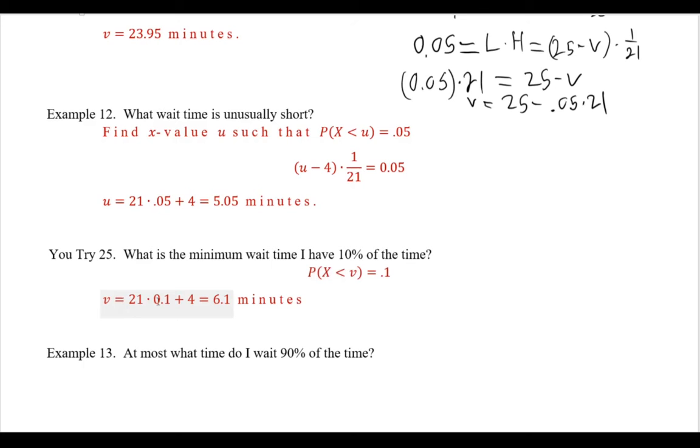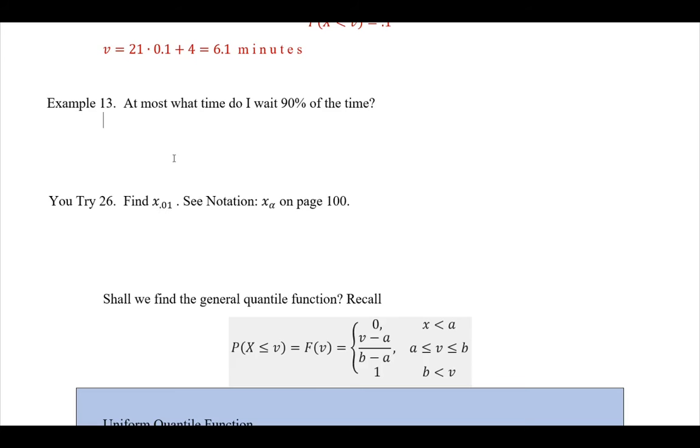So v equals 21 times 0.1 plus 4, which is 6.1 minutes. So 10% of the time, I wait 6.1 minutes or less. The rest of the time, I would wait more, so between 6.1 minutes all the way up to 25 minutes.